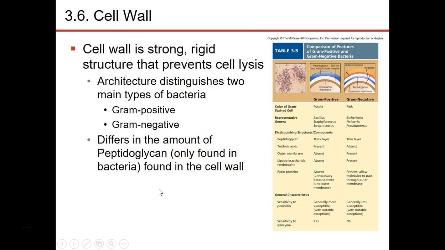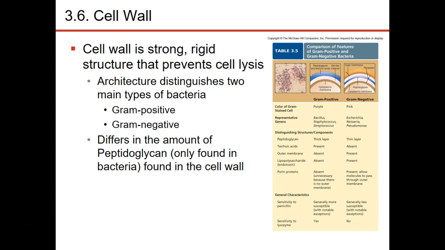So now we're going to switch gears and talk about the cell wall of bacteria. Bacterial cell walls are very strong, and in general, all bacteria contain a cell wall. One of the most distinguishing features of the cell wall of bacteria is the amount of peptidoglycan found within the cell wall.